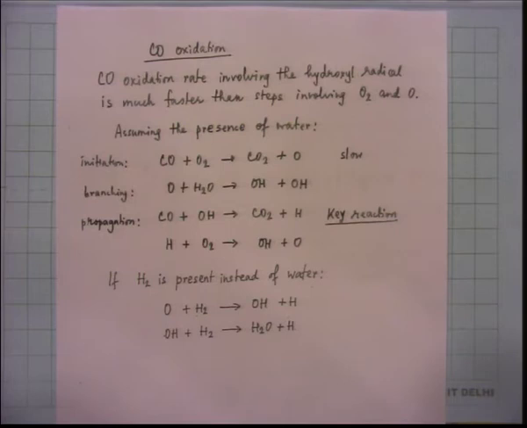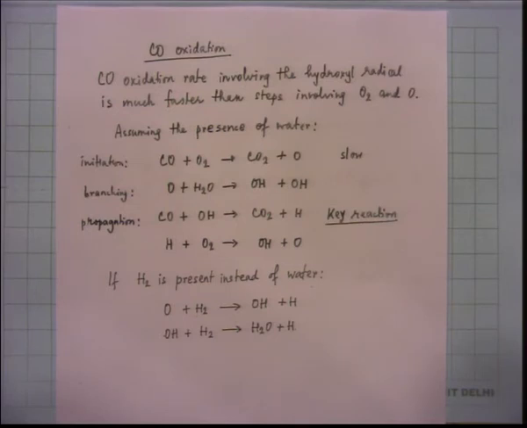What do we learn from here? We learn that if we have CO and if we have dry air, absolutely dry air or dry oxygen, then CO plus O2 reaction is going to be slow.